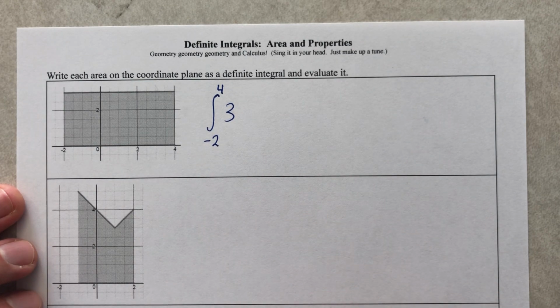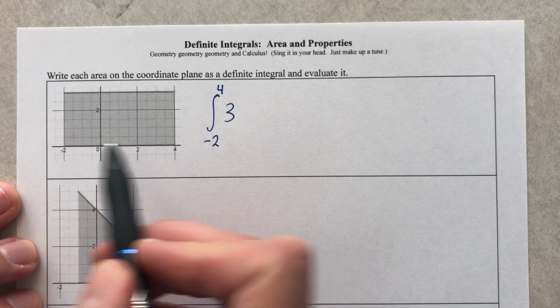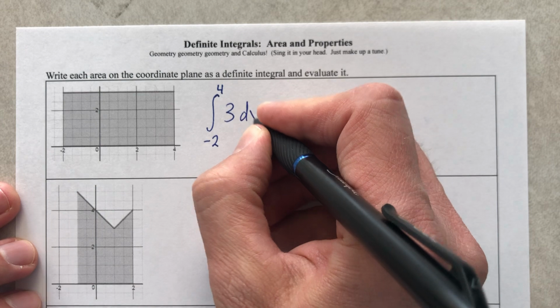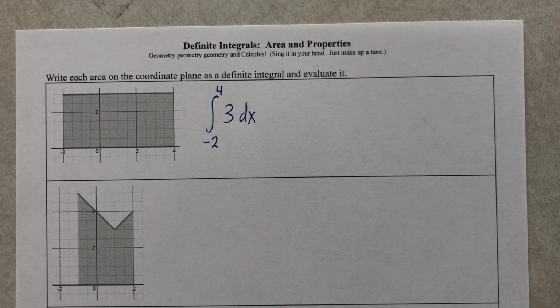That's what we were dealing with here as we kind of looked at this and defined it. So we're going to put dx because it is the change of x as we're moving across, okay? That might look very weird to you, but this notation is going to become hugely helpful.